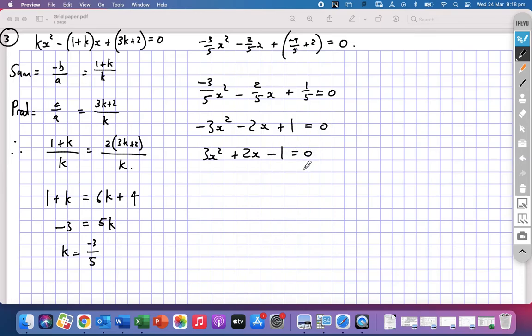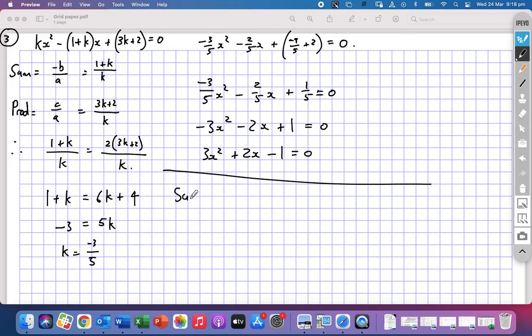Okay. Now, I think the question wants me to find the roots. We could have got to this quadratic a different way from the sum and the product. Let's just look at that. The sum was 1 plus k on k.